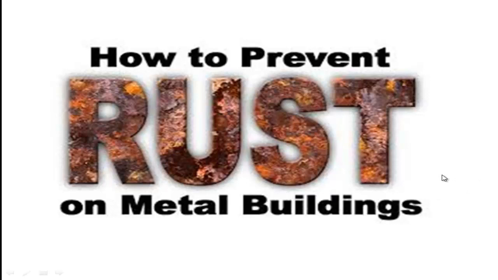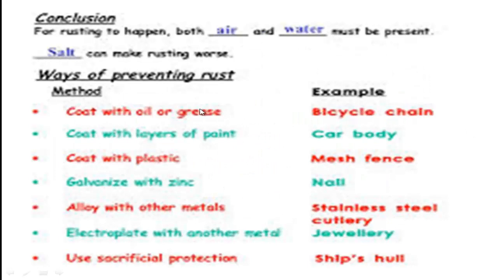So now let's see how we can prevent rust formation on iron substances. There are different ways actually. I will just discuss some ways here, such as coating with oil or grease.